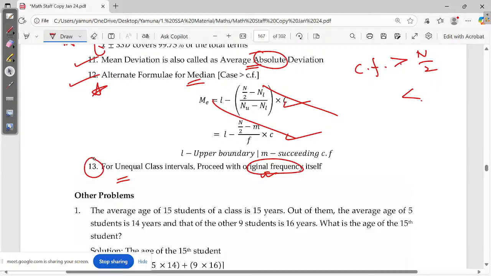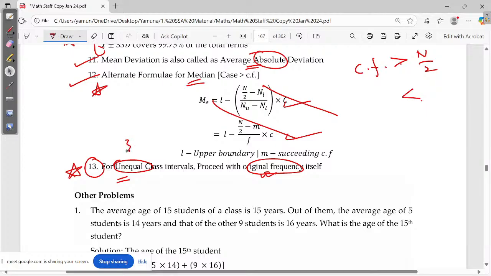Why is this point taken? Any guessing? If a table is given, I'm going to take frequency only. But what is mentioned here? For unequal class interval, proceed with original frequency. What does it mean?